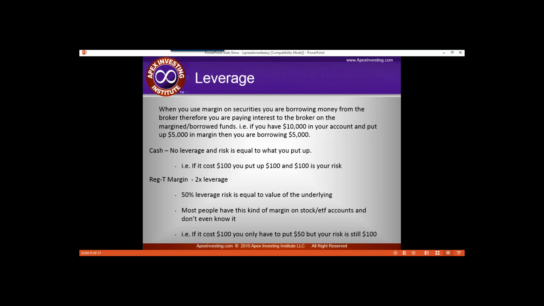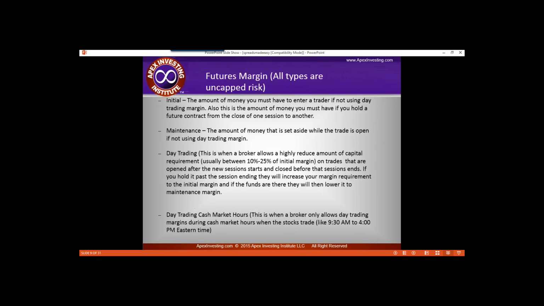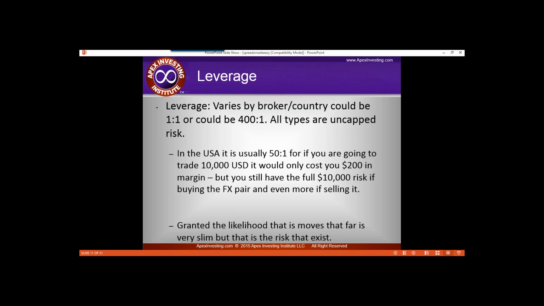You might trade futures, and you have initial margin, maintenance margin, and day trading margin. It might be anywhere from a few $100, $500, or several $1,000s that you have to put up just to enter a trade. That money is held out of your account just for you to enter that trade.